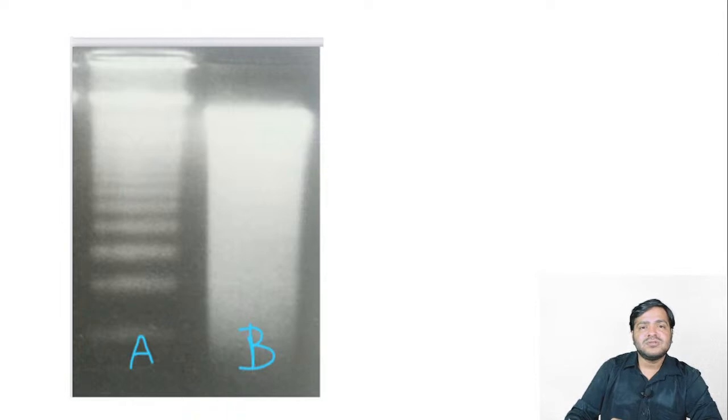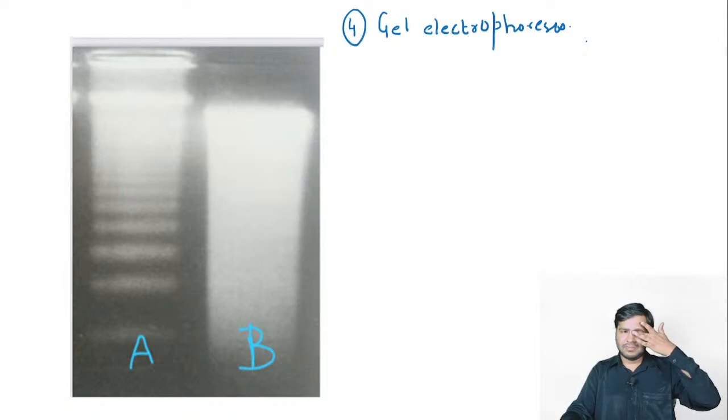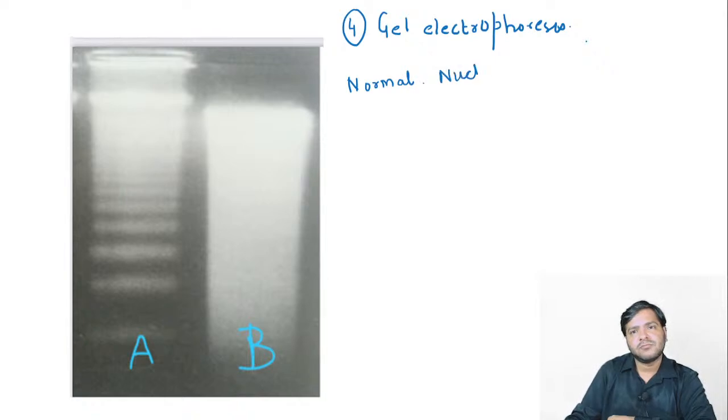Coming on to the fourth characteristic feature, that is gel electrophoresis. Now, remember that. If we try to see these nucleic acids, the DNAs, the normal nucleic acids basically appear as a single band.